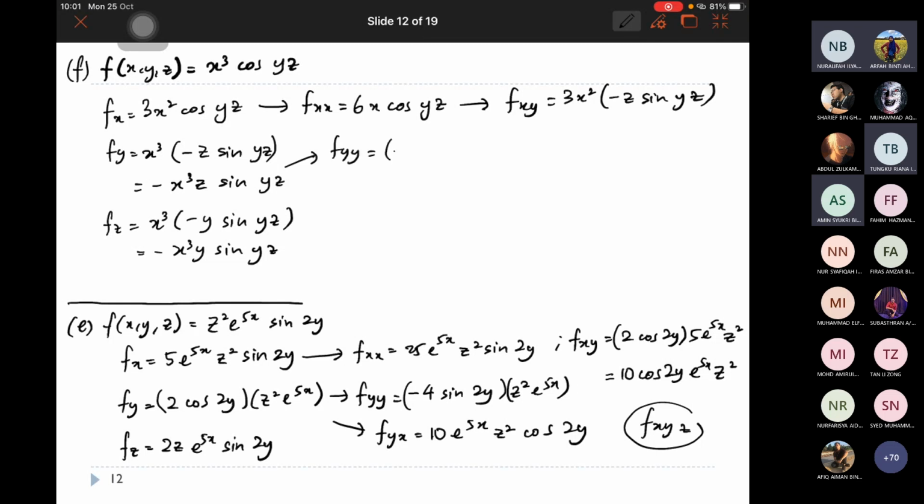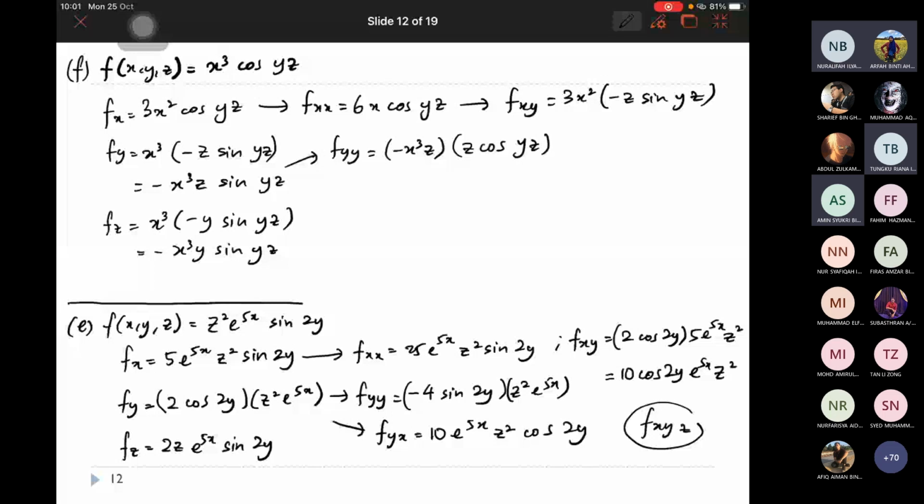Then the same goes untuk yang ini. FYY akan sama dengan negatif X cube, Z tu salin je sebab kita anggap dia sebagai constant. And then sin YZ tu akan jadi, bezakan sin dia akan dapat cos Z. Okay. FYY. So akan dapat Z cos YZ. Okay. That is FYY.